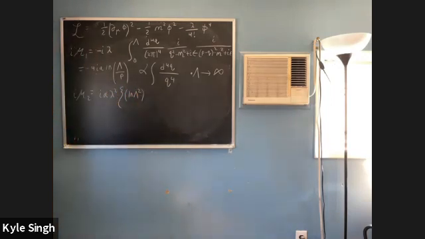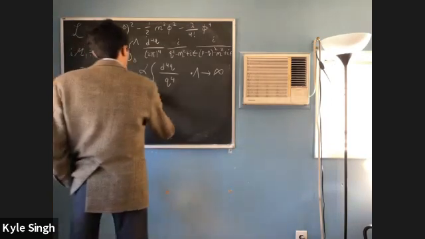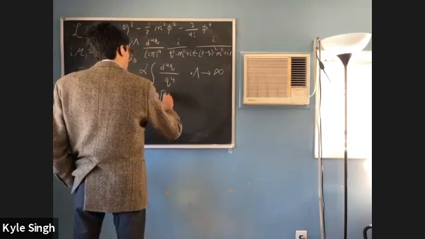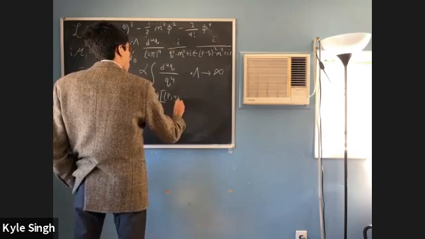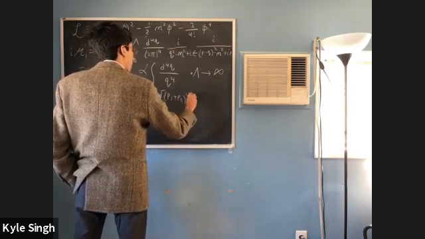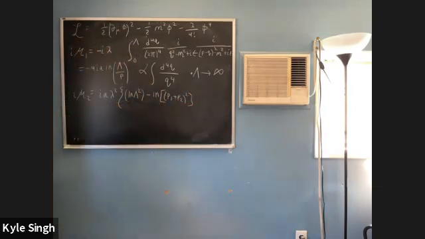I'm just following phi to the fourth theory, trying to remember what the answer was. Yeah, minus ln (p1 plus p2) squared. I'm fishy on this term. I'm trying to remember why.